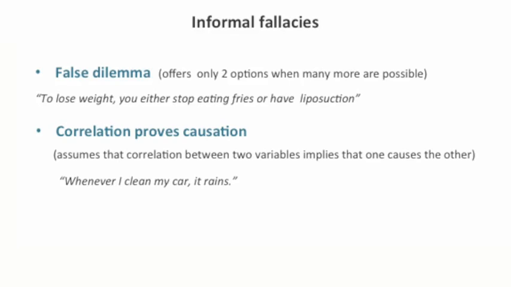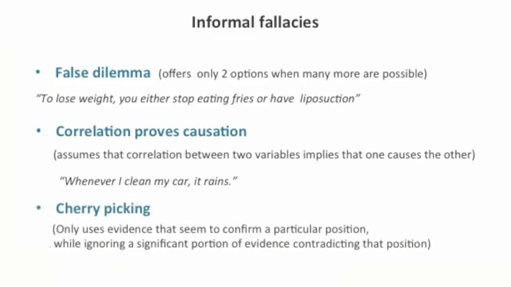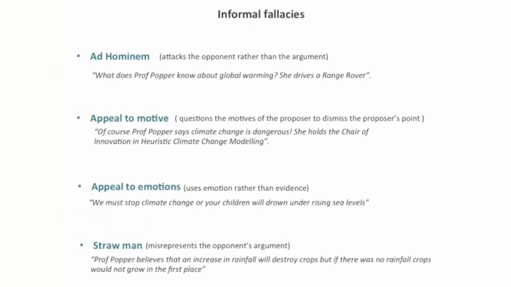Another very common fallacy is the cherry-picking fallacy, when an argument uses supporting evidence selectively and contradicting evidence is simply ignored. For instance, claiming that climate change has stabilized by only looking at certain periods where little change has taken place, rather than the longer-term trends. Here are further fallacies.